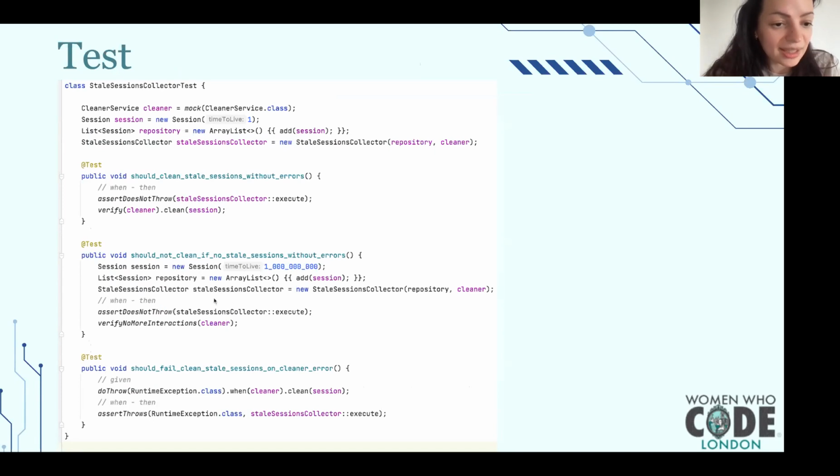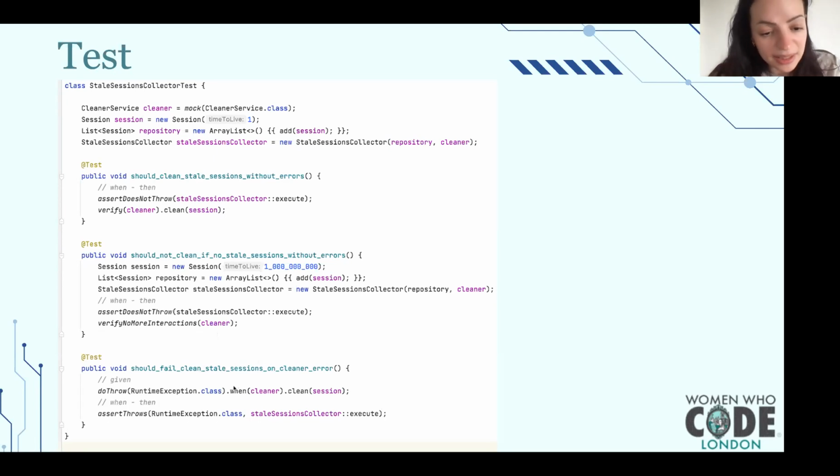So in the second test, we just verify that there was no interaction with the object cleaner. We check that there are no errors, no exceptions, so it does not throw, and verify there are no more interactions with our mocked object.